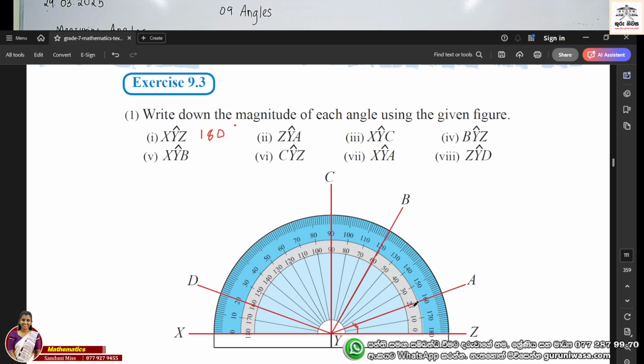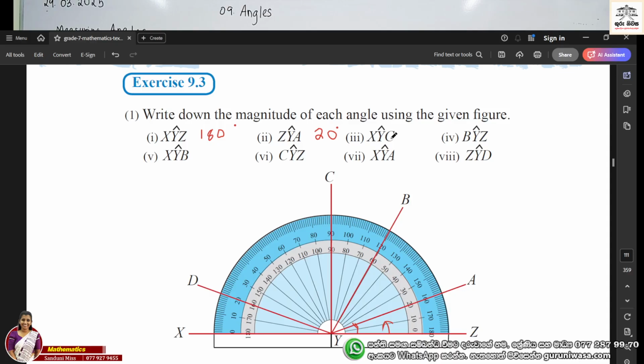We need only this part. So we are measuring from this side, and you have to use the inner scale. So that is equal to 20 degrees.